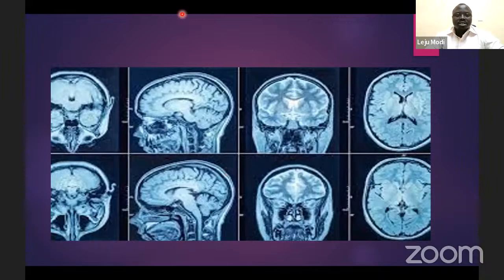Maybe for a minute, if 1 or 2 people can put up their hands, what do you see in this slide? Anybody wants to try? What do you see in this slide? Just to have an understanding of whether some people know what is here or not.